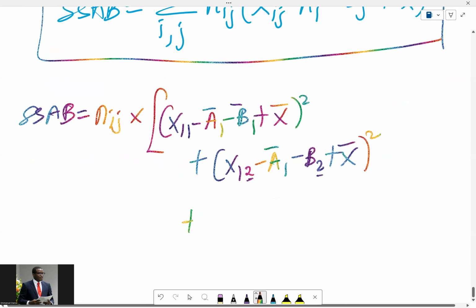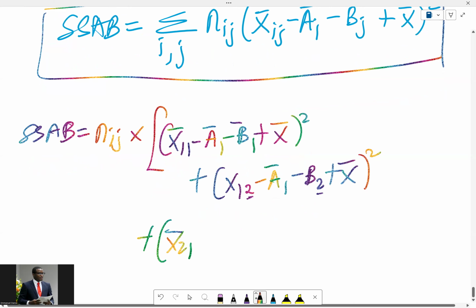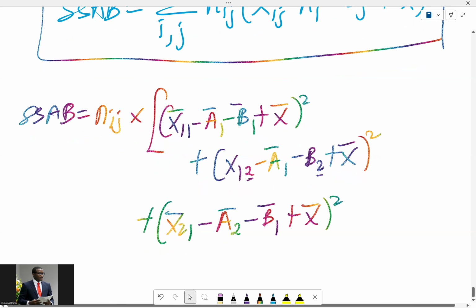Then, carefully, back at the first level, we now have x21 bar minus a2 bar minus b1 bar plus x bar, all squared.